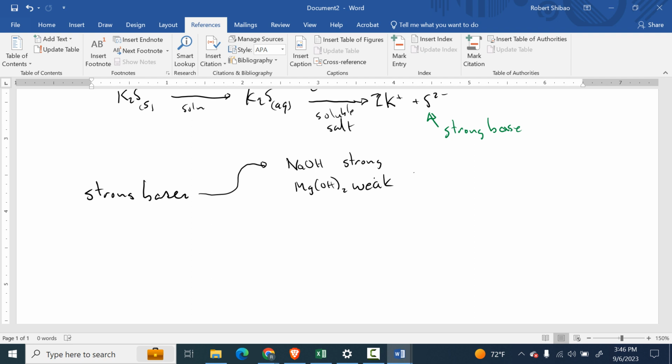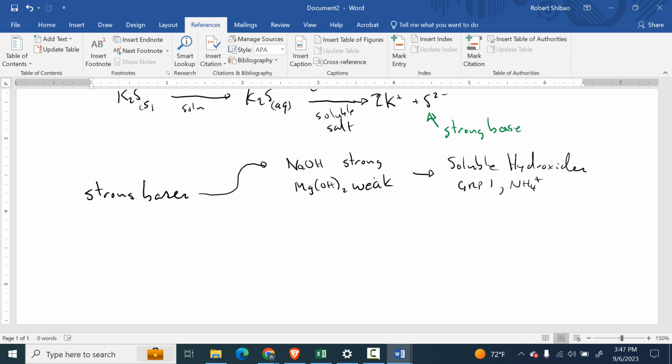The soluble hydroxides. And so the strong bases are the soluble hydroxides. All right, what are the soluble hydroxides? List them for me. Group 1. So lithium, sodium, potassium, etc. And ammonium. So ammonium hydroxide, strong base.